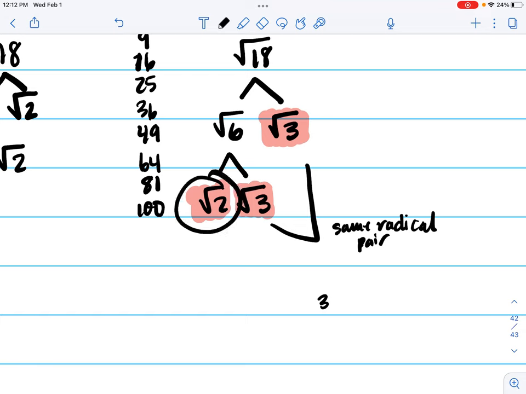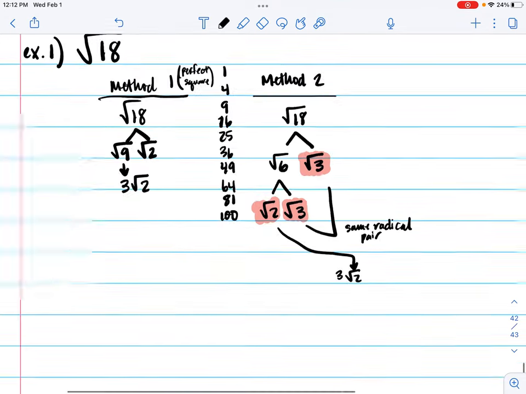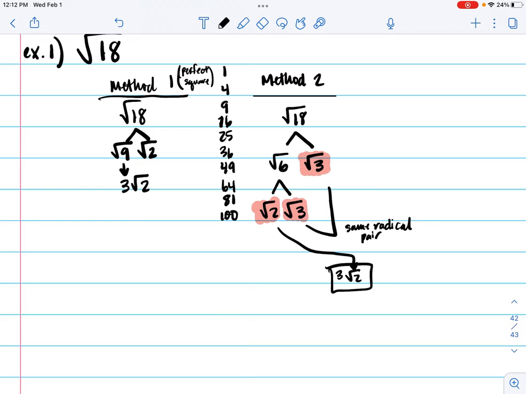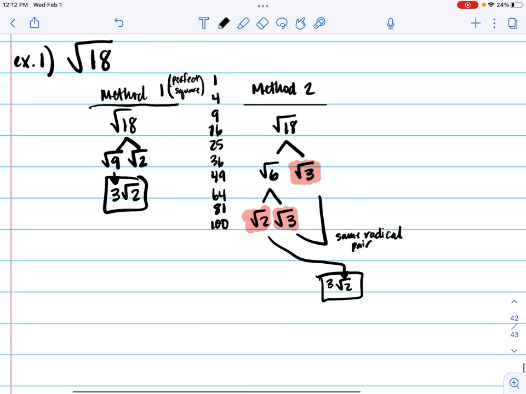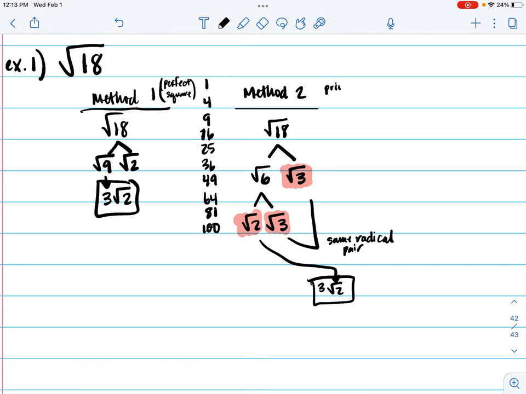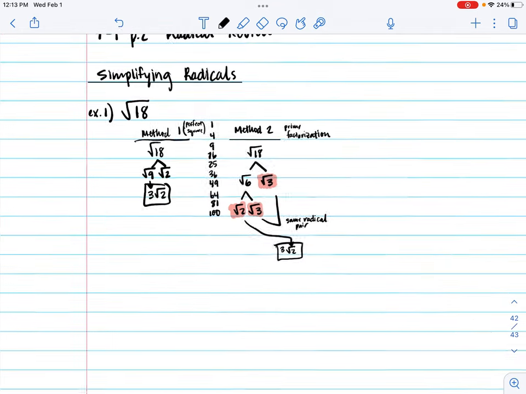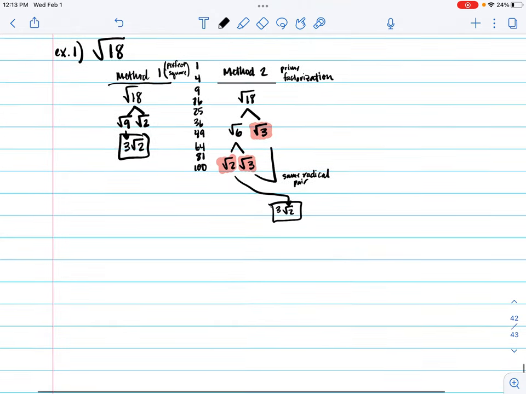Now, nothing happens with the root of 2, so we just tack that on at the end. And if you notice, we get the exact same answer. So either way you do this, whether it's prime factorization or perfect squares, they're both good methods, okay? So that is your simplifying radicals.